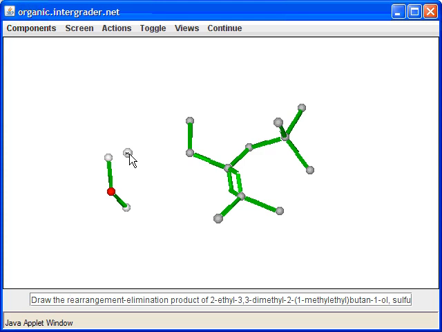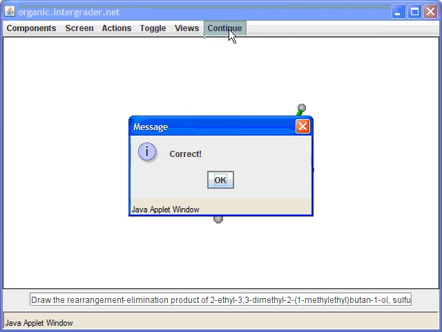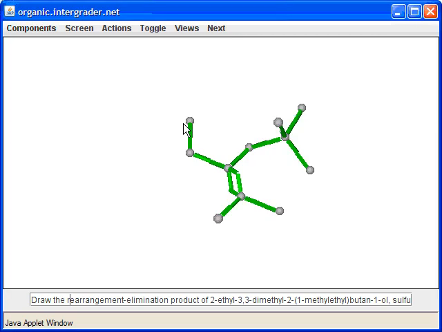So before I complete the answer, let me remove water and the hydrogen from this picture, because I only want the organic product, and I don't want the byproducts, which will be removed in the workup. So that was a rearrangement example. Hopefully we'll get another one in this lesson, and it'll be simpler.